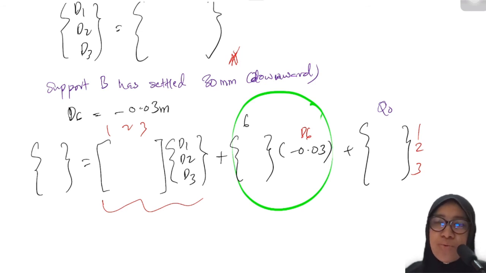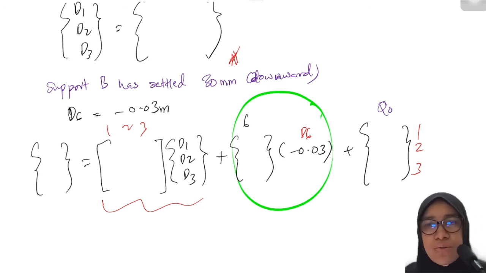So what we need to put inside this equation is whenever we need to consider settlement at that position. We have to check the label, what number we use to represent that one, and then consider that position in the matrix K to get the value.